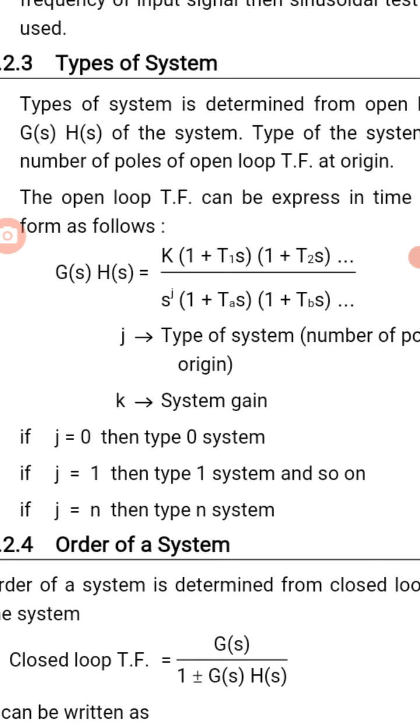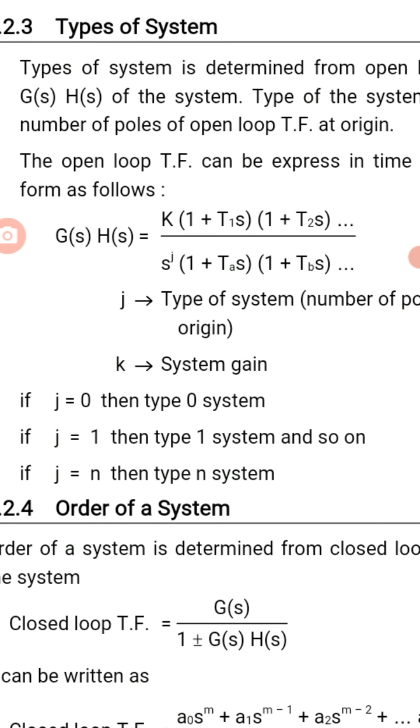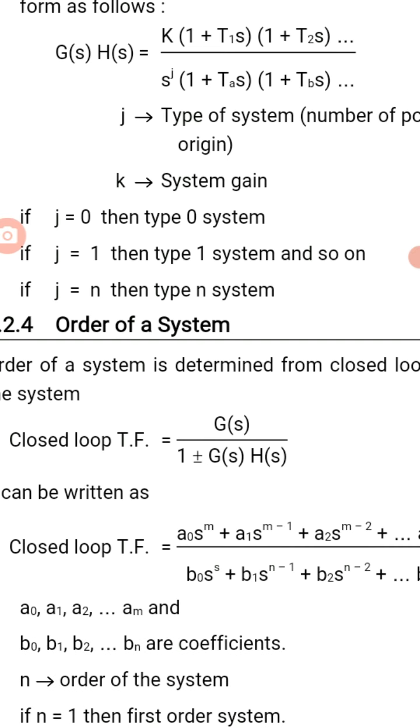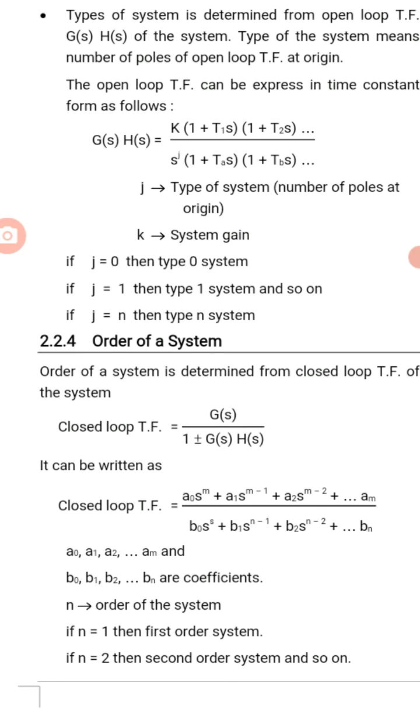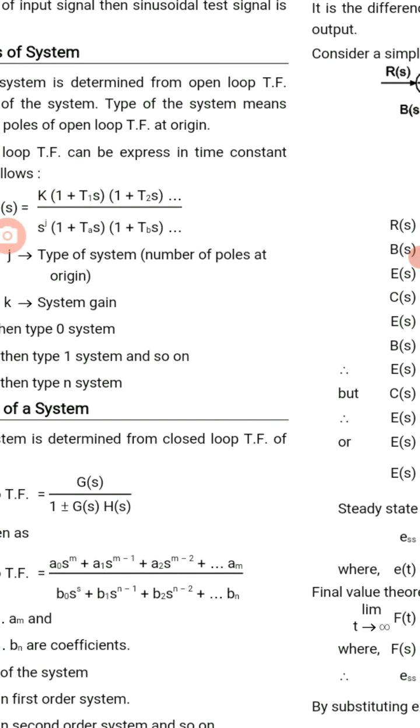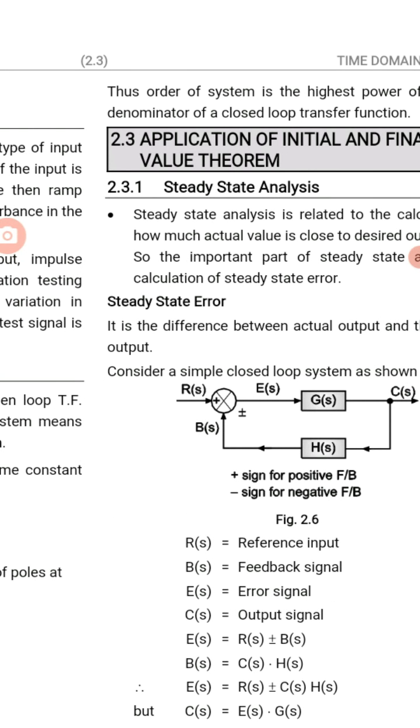If we want to reduce steady state error, then we use higher type systems, and if we want to reduce settling time, or attain the unit value immediately, we have to use a higher order system. So these are the two uses of type and order of the systems.